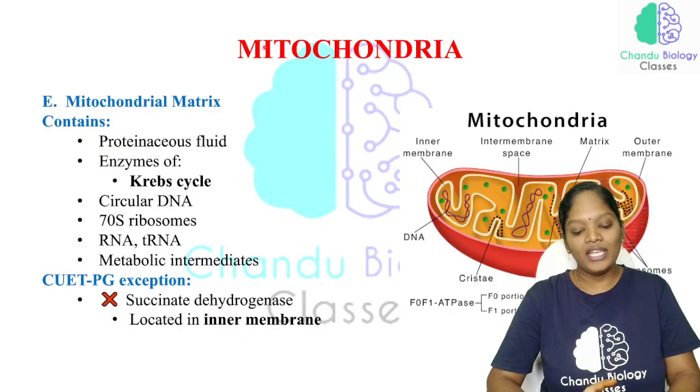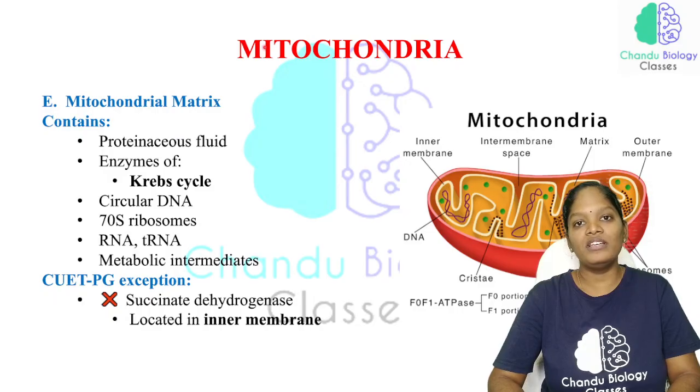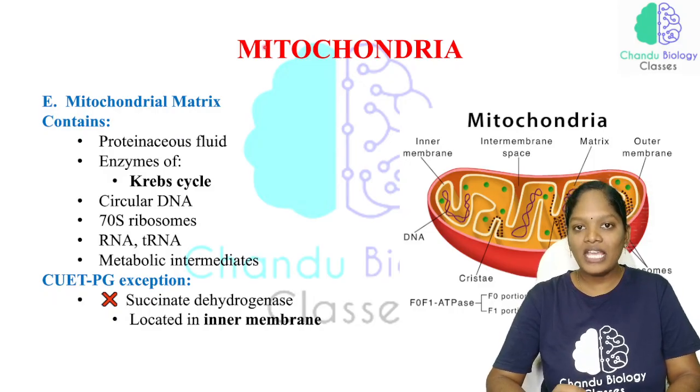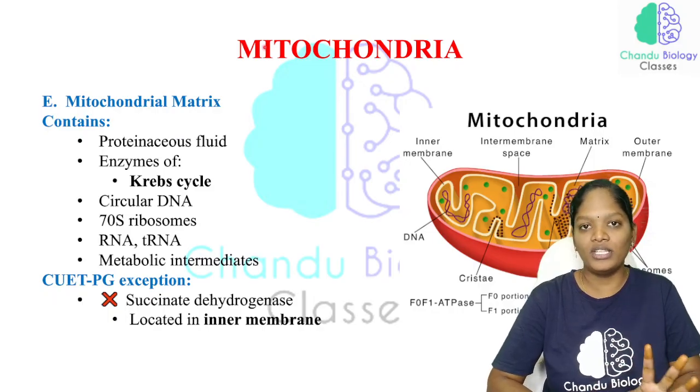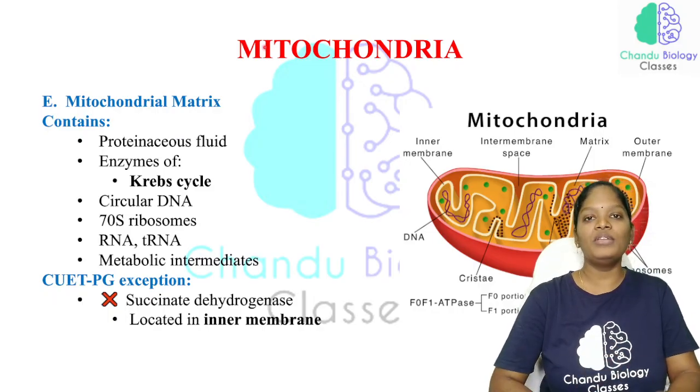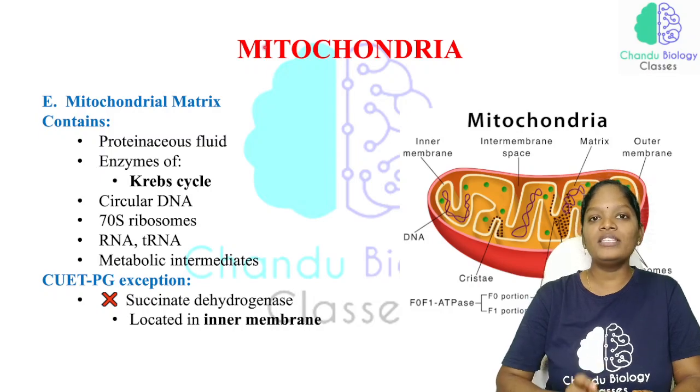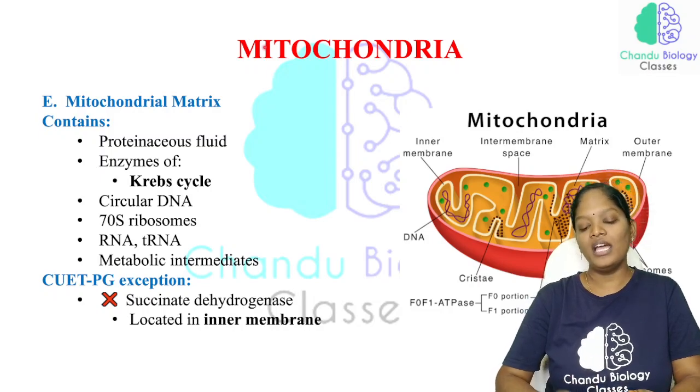We have an outer membrane, inner membrane, cristae, matrix, all these regions make up the structure of the mitochondria. Where exactly the DNA is present is the mitochondrial matrix. Very, very important thing.